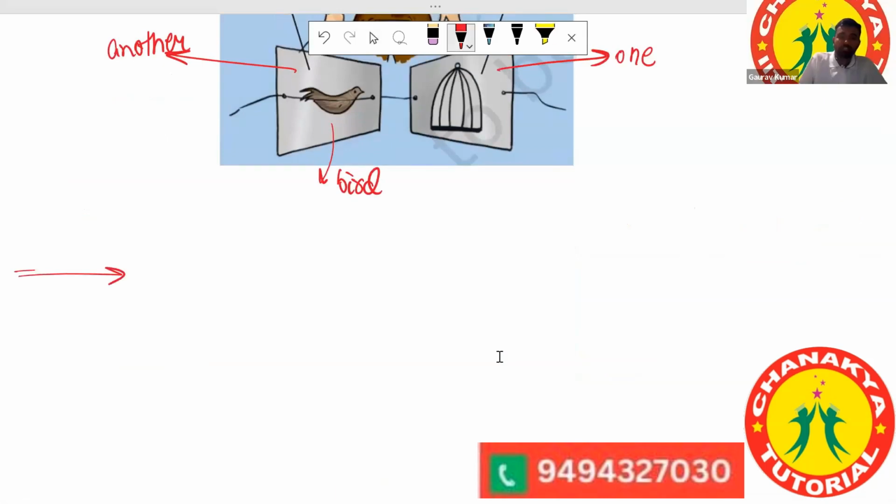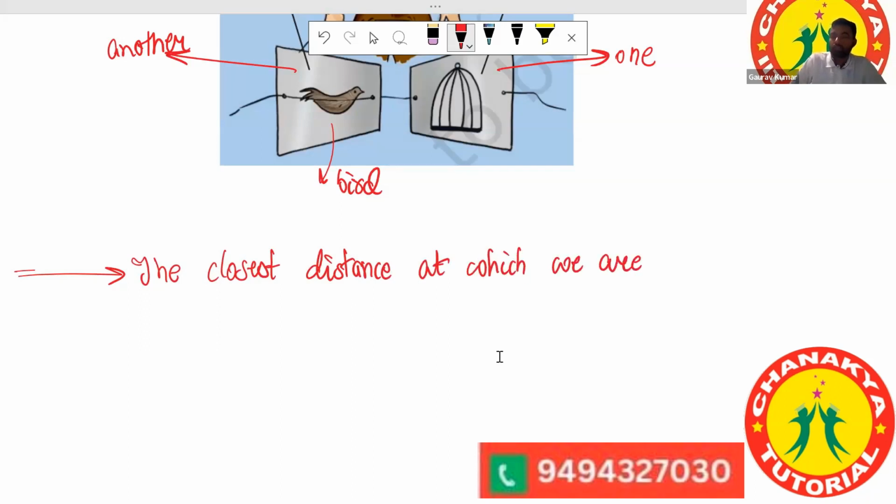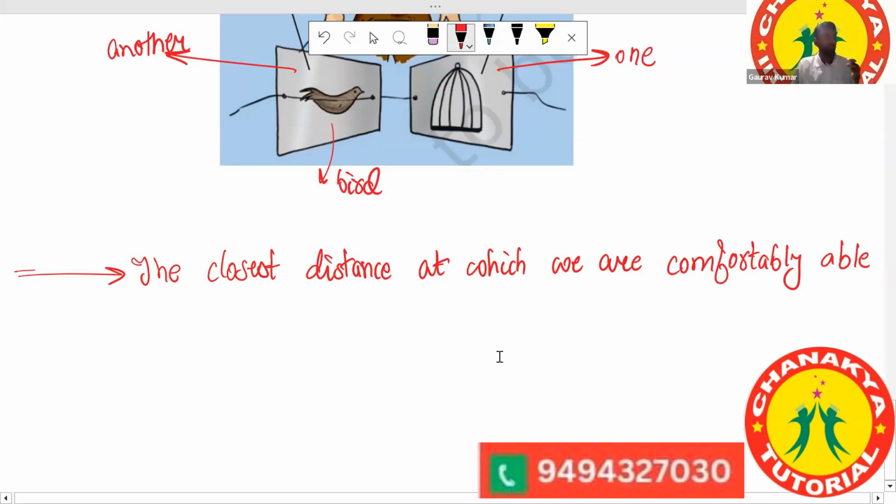The closest distance at which we are comfortably able to see is 25 centimeters.